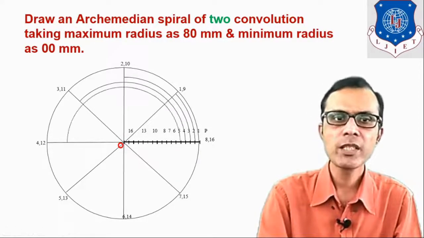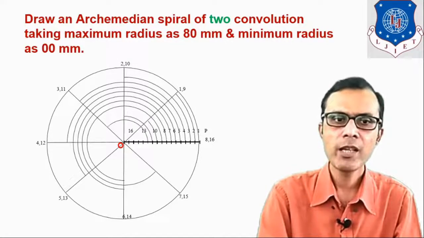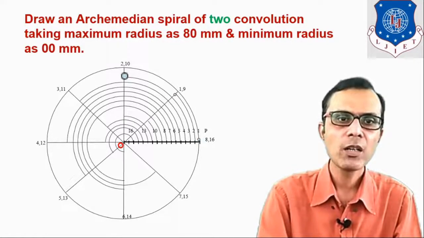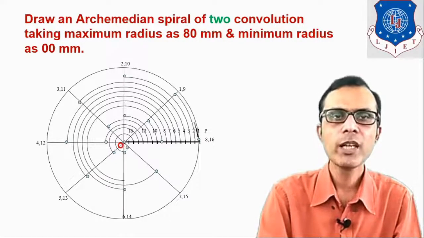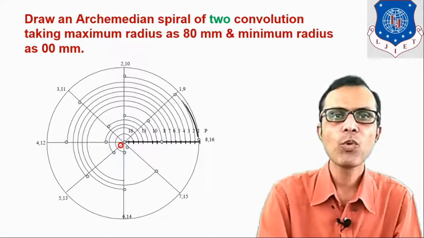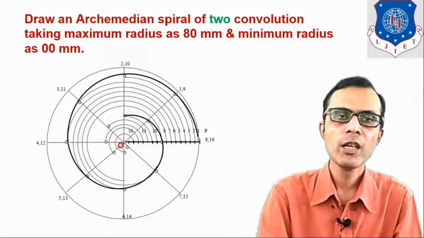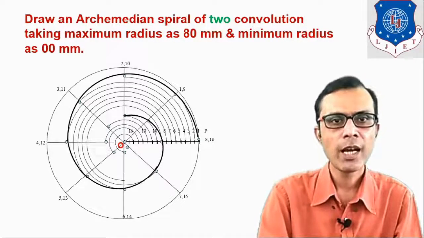We have to repeat the same procedure for all the division numbers, and then mark all the intersecting points. Finally, we have to join all the points with a smooth freehand curve. Once it becomes proper, then we have to make it thick or dark.